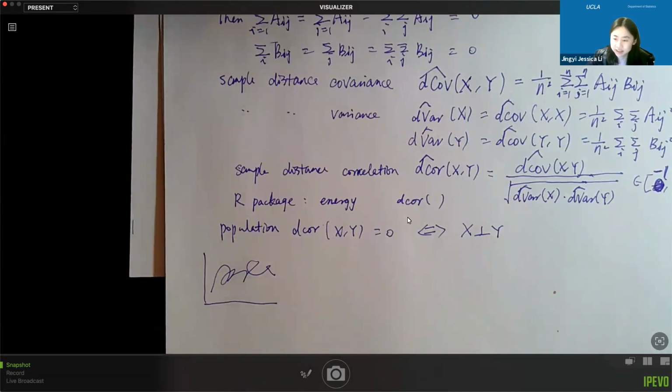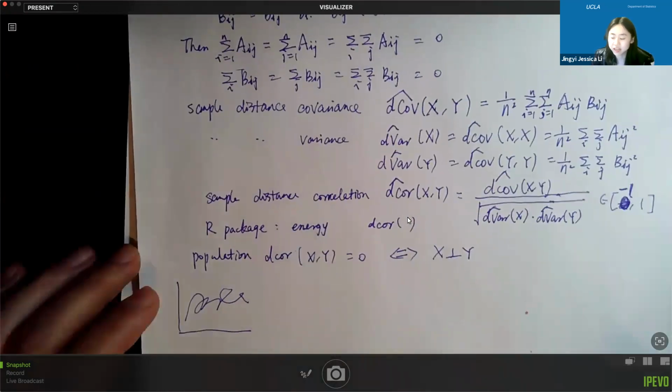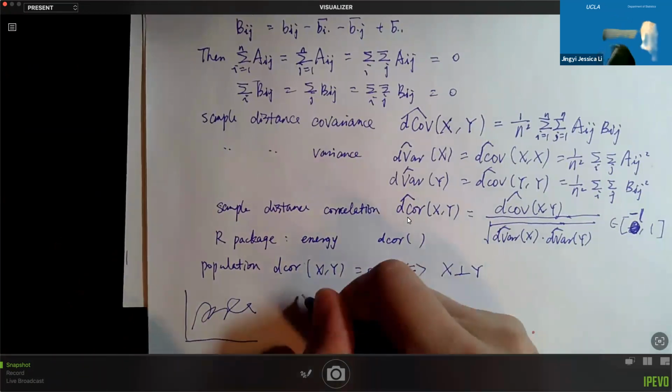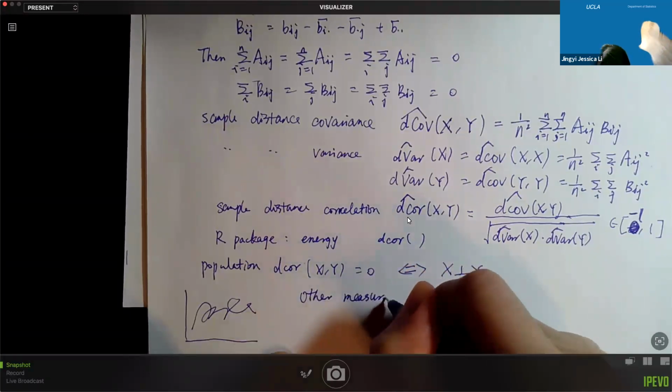So that's why I'm saying that non-independence is not necessarily a good thing, because you need to make sure your results are interpretable. But still, under this whole idea of capturing non-independence relationships, we have other measures for capturing this.